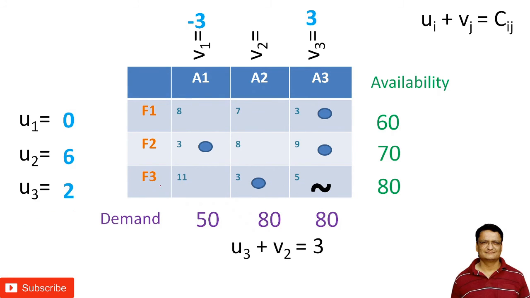Moving to the last cell, u3 plus v2 is equal to 3, and the corresponding value of v2 becomes 1. So now we are ready with all the values of u1, u2, u3 and v1, v2, v3.